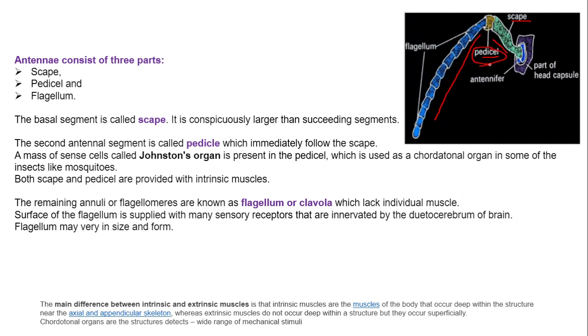The pedicel bears a mass of sense cells known as Johnston organs, and these Johnston organs are used as chordotonal organs in some insects like mosquitoes. Chordotonal organs are the structures which detect a wide range of mechanical stimuli.